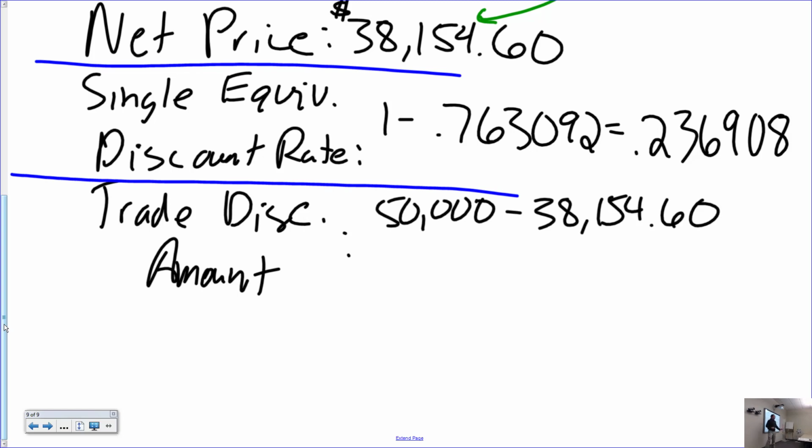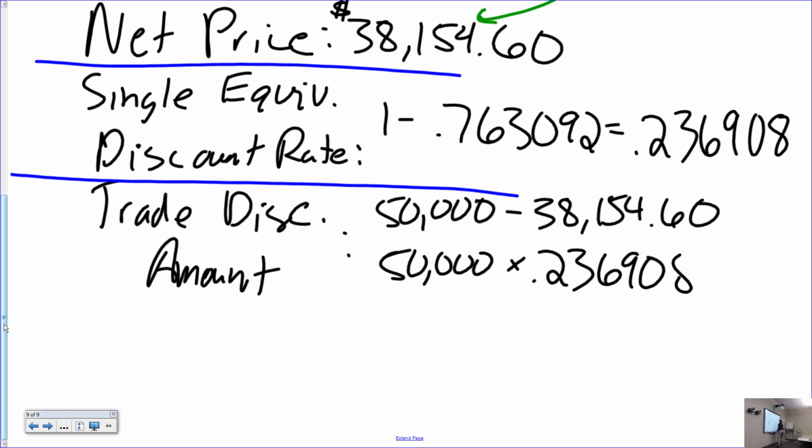The other way you can do it, folks, is if you have a discount of this percentage, to figure out what your discount is, just multiply this by your list price. The cool thing about it is that those two numbers had better be the same.